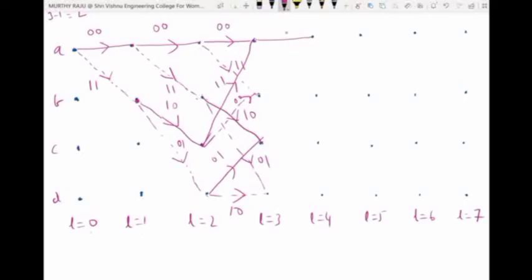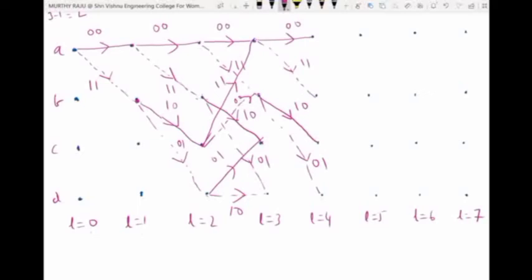A to A, 0 0, and A to B, 1 1. Here B to C with 1 0, B to D, 0 1.